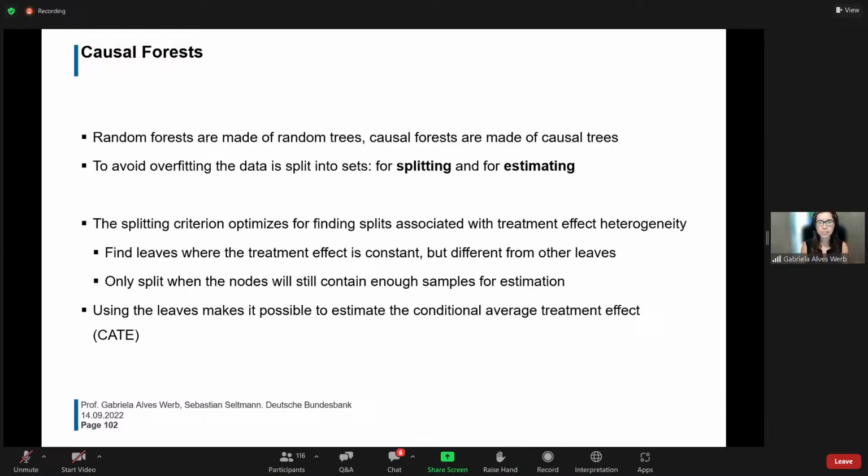If we don't have such a setting, it's important to note that we're still working in a world of relationships that might not be causal, right? We're trying to do a selection on the observables. So it's important to say causal forests are not our silver bullet in this situation.